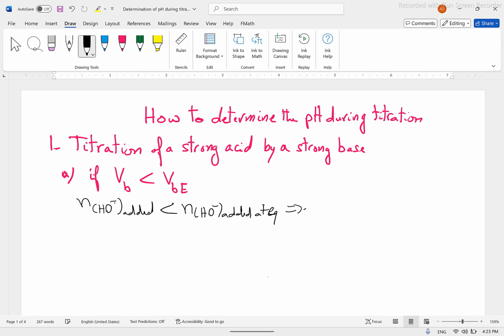Then the number of moles of HO- added is less than the number of moles of H3O+ introduced in the beaker.